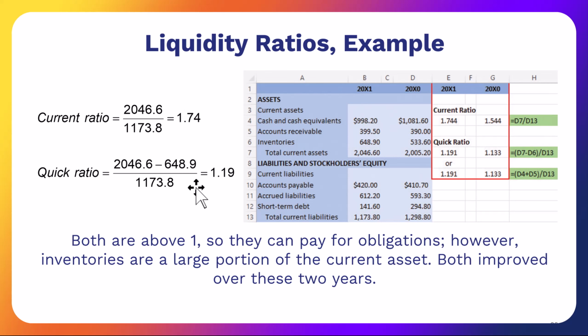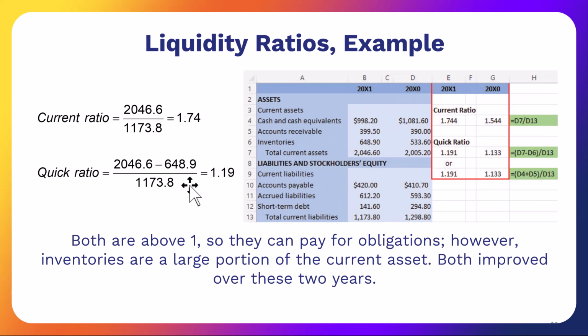Now, the quick ratio will always be lower than the current ratio because the company has inventory. The bigger the inventory number, the lower this number goes. The quick ratio can go below 1 and not necessarily reflect a problem, because as long as the current ratio is greater than 1, we should have more cash than bills.